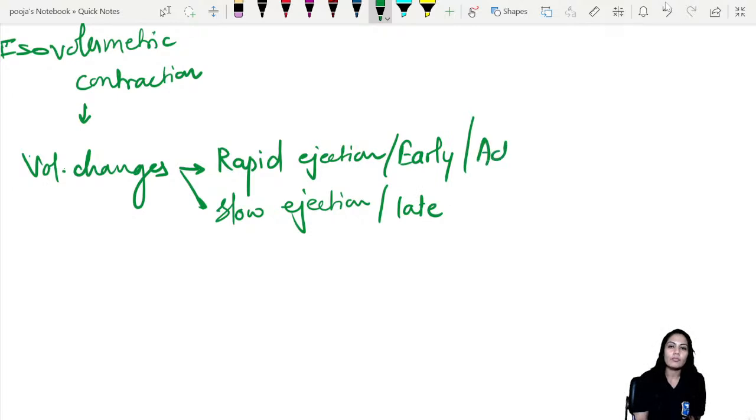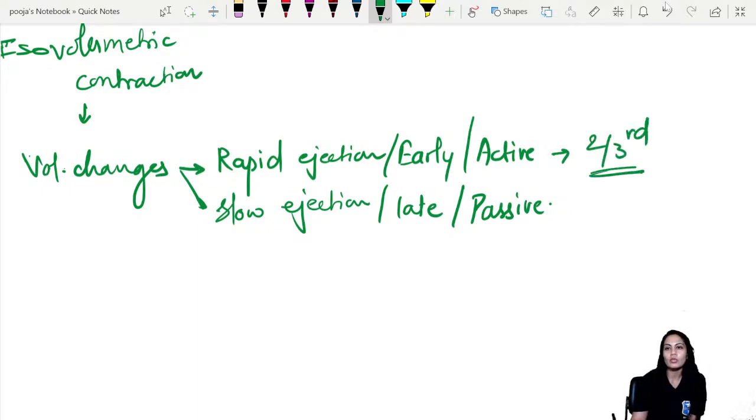This is an active process because the heart muscles are contracting, and this one is the passive process, right? So if somebody gives you the question in the exam, what is the rapid ejection, what is the early ejection, or what is the active ejection, all three mean the same: the first 2/3 volume of the blood ejecting out as soon as the semilunar valves are open.